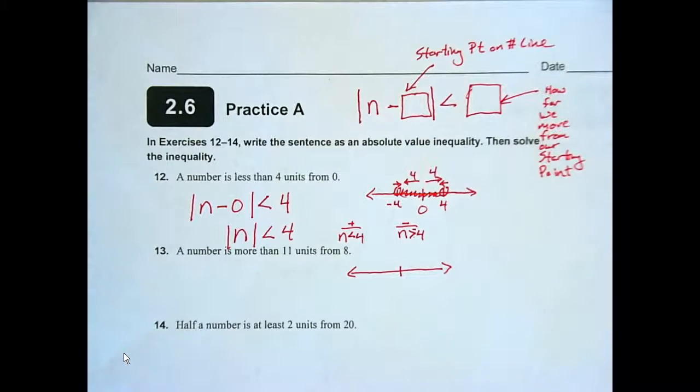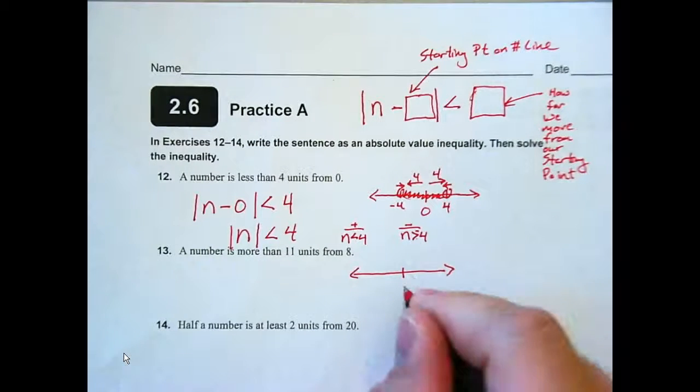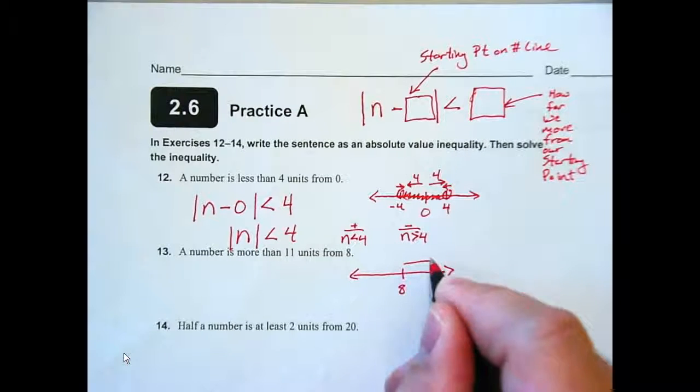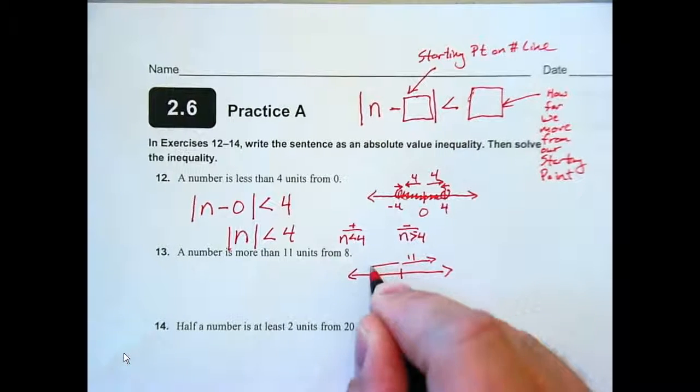Okay, how many got it? 11 or 8? Where do we start? Julian? Yeah, we start at 8. And we start at 8 and we move how far away? 11 units. We move this way 11 and this way 11.